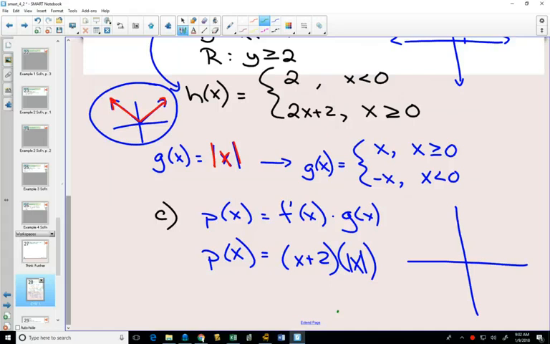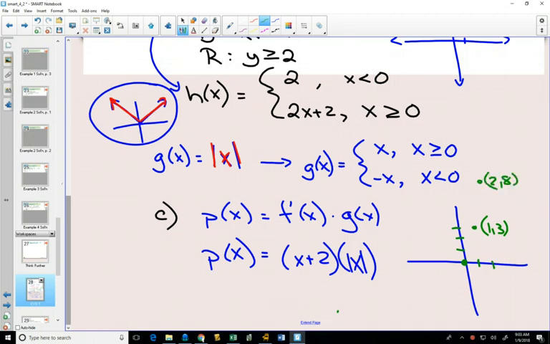What would be a nice point to plug in? 0. Going to get (0, 0). What happens if you plug in 1? (1, 3).